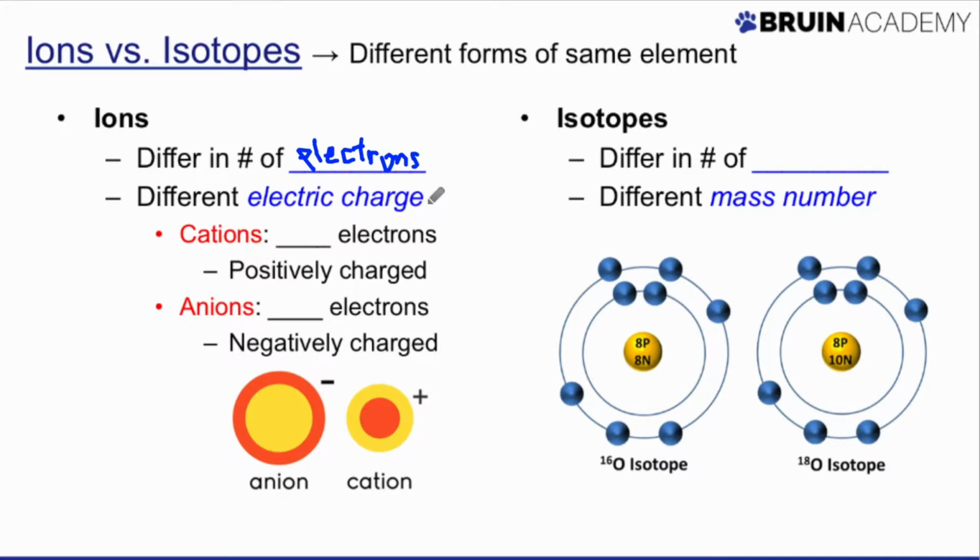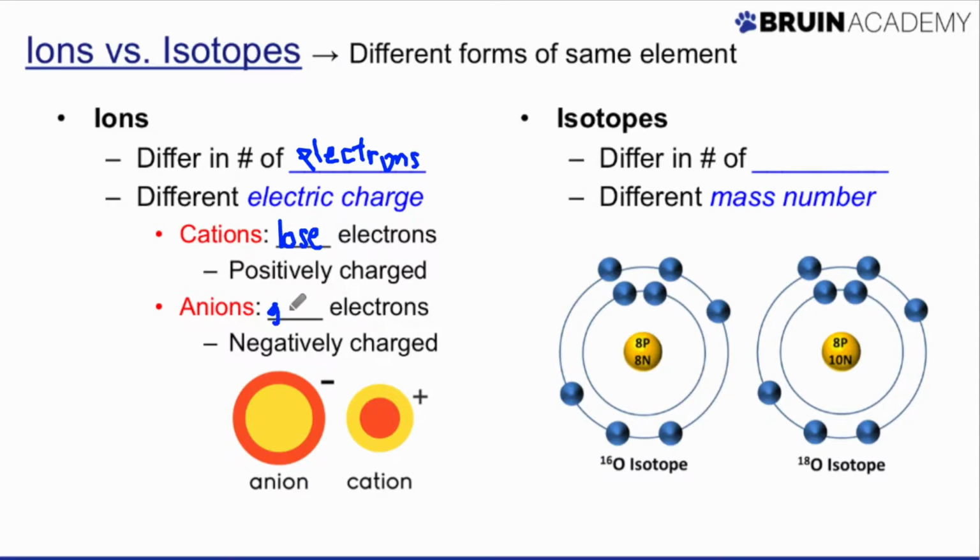There are two types of ions. It can either be a cation or an anion, okay? So you can either gain electrons or lose electrons. A cation is positively charged, and for something to be a cation, it needs to have lost electrons. So cations lose electrons, and if something loses electrons, then it's positively charged. Conversely, an anion gains electrons.